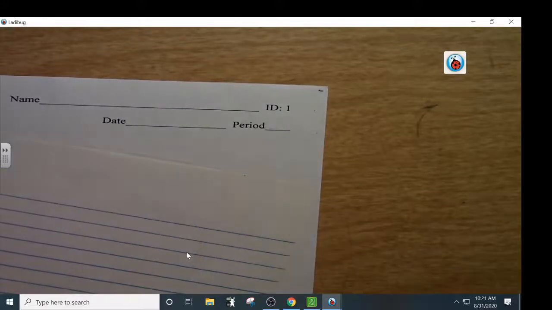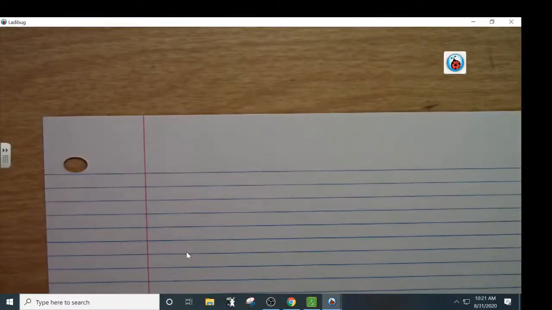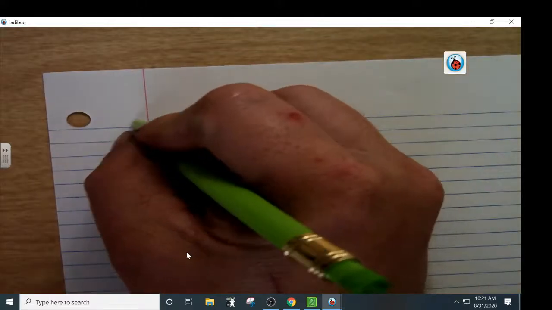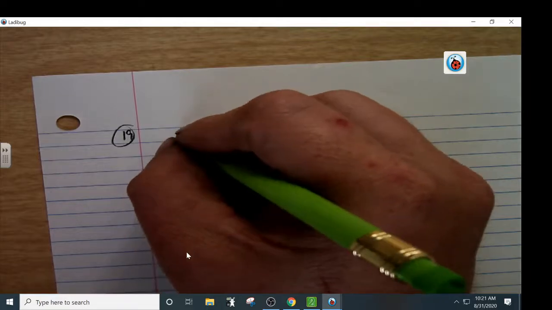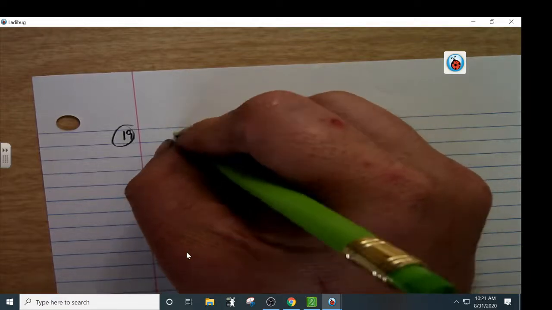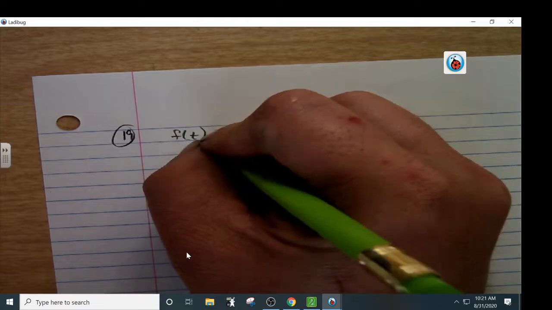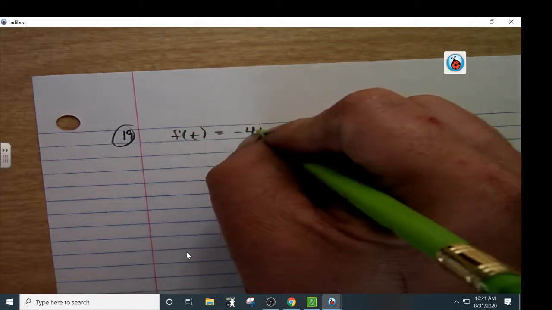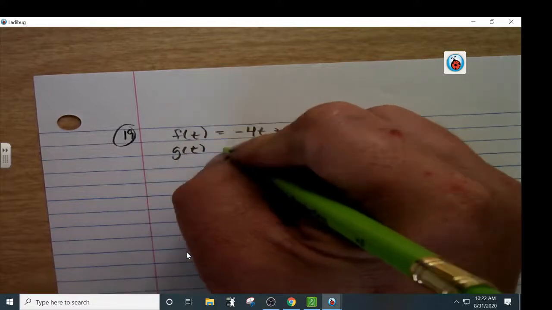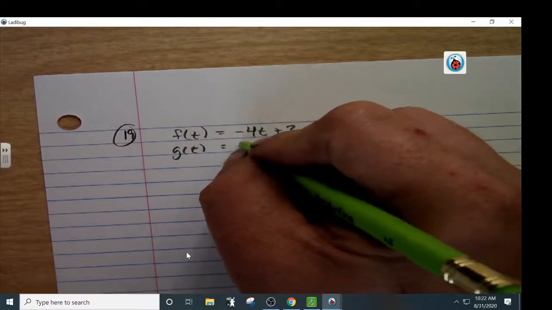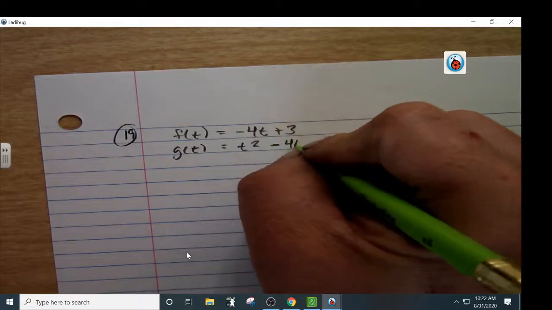Okay. So now let's do a multiplication one. Let's do 19. So we got f of t equals negative 4t plus 3, and g of t equals t squared minus 4t.